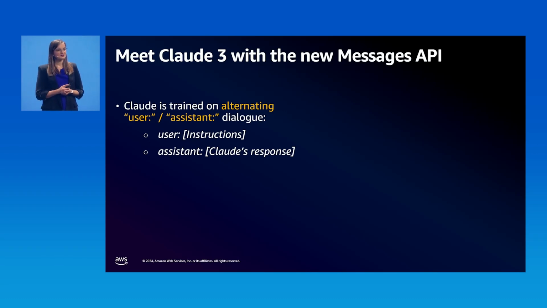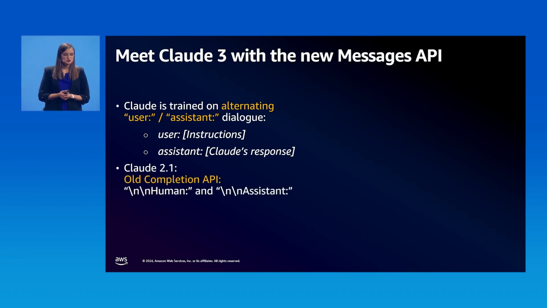In the case of Claude, we have the alternating dialogue between user and assistant. That is built in the form of history of the conversation, which in this case would be messages. And that is an important hint for us to also consider once we are doing prompt engineering.